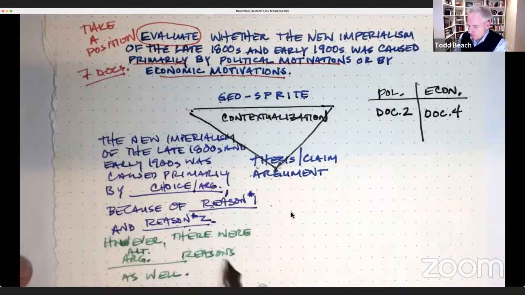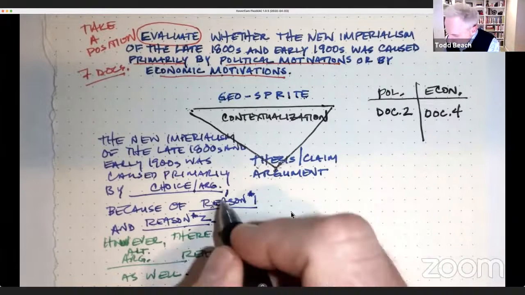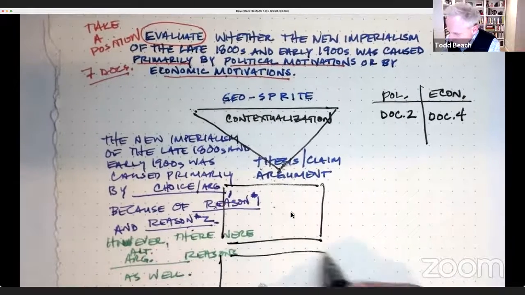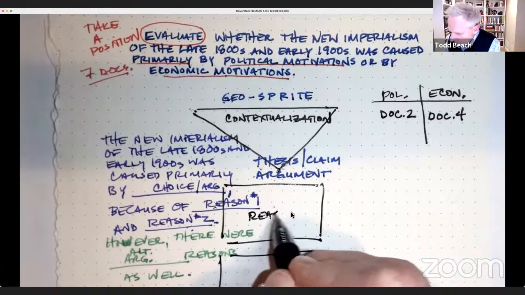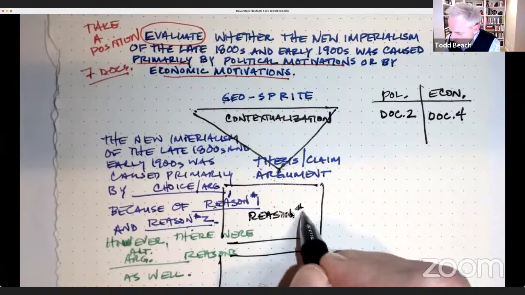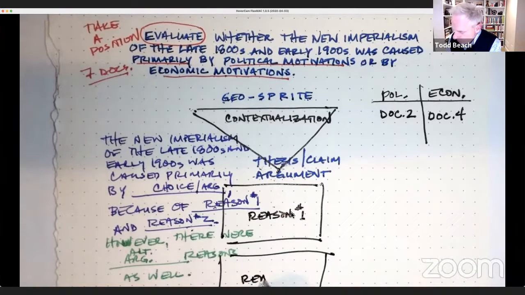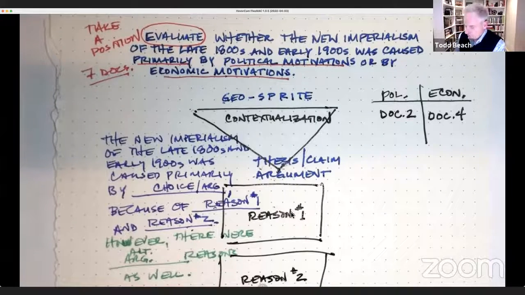And this is really important because now it's set up the structure for the rest of your essay, right? So we've got our body paragraphs. This is going to be reason number one that you've identified in this thesis. This is going to be reason number two that you've identified in your thesis.